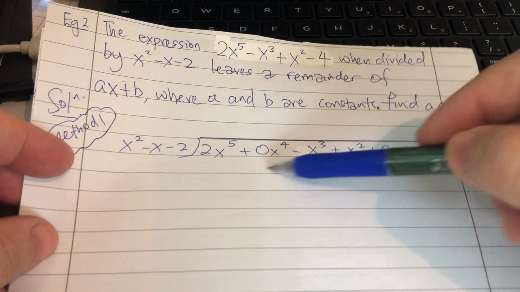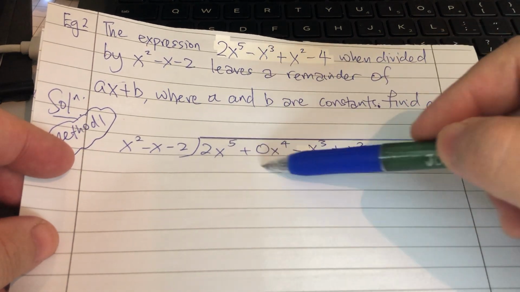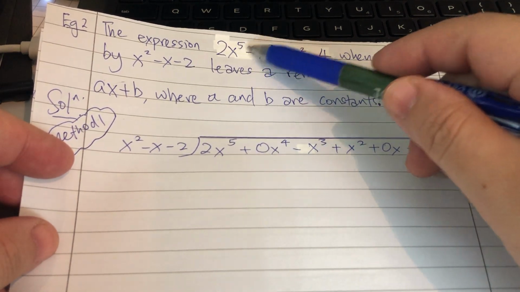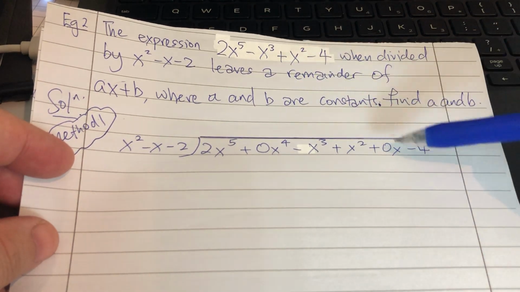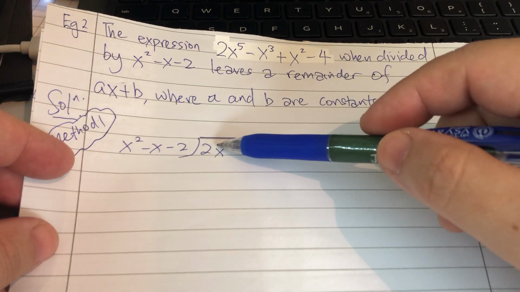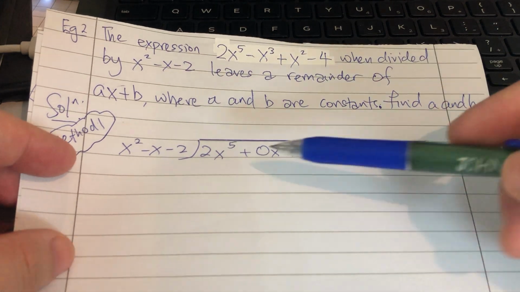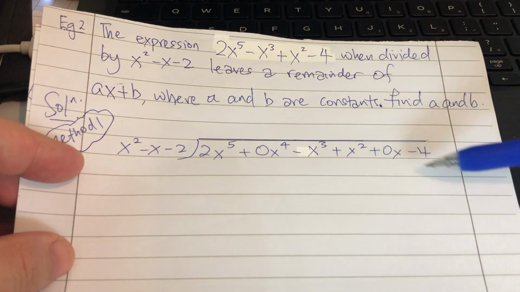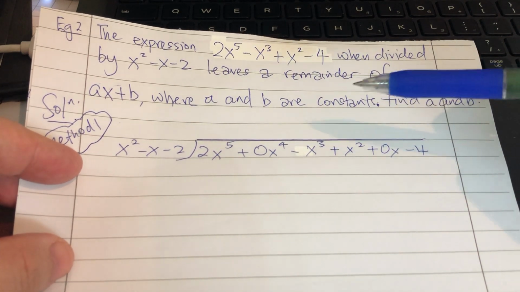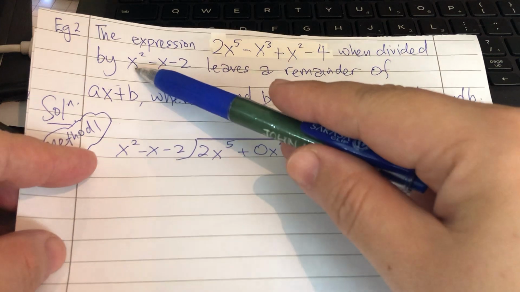So whenever there is a missing x to the power 4 or x, you see no x, you leave a blank space. Why leave a blank space? I explained to you before already. It is to reduce the chance of making mistakes, unless you are super good in algebra. Now let's check the divisor.